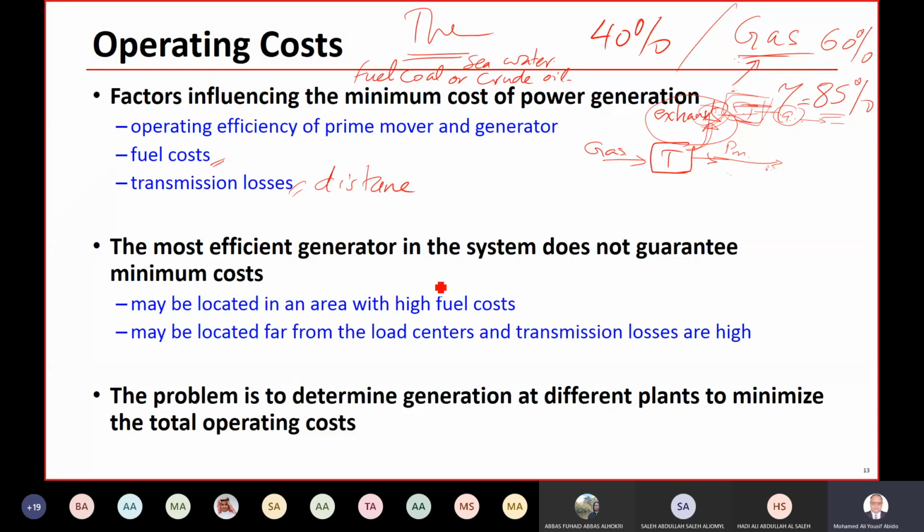Is this cogeneration? Yeah, this is called cogeneration. Cogeneration means when you have electricity and steam. You cogenerate electricity and steam.